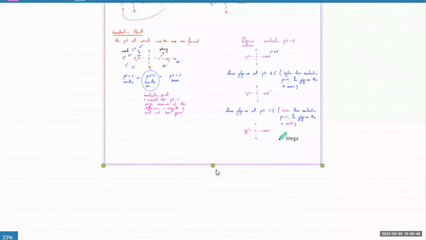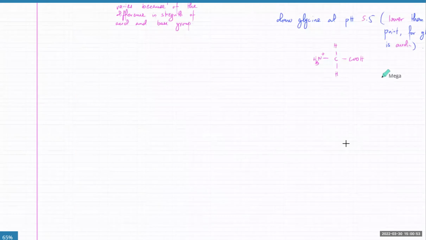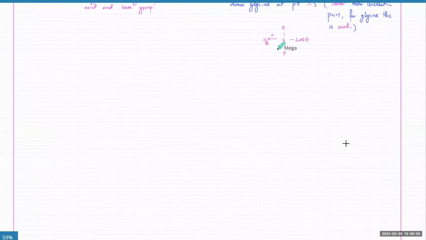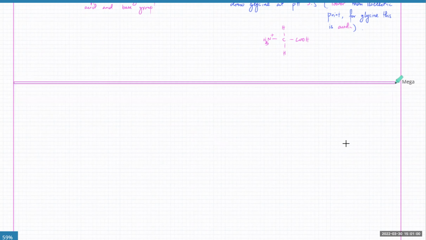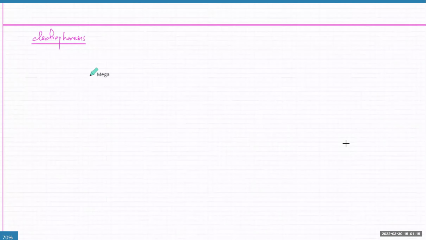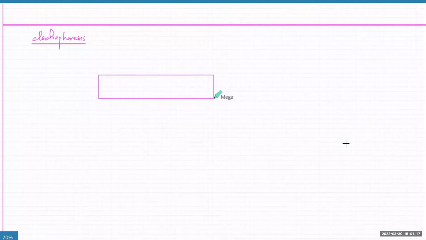Okay, now let's come to electrophoresis. So electrophoresis is this thing. You take amino acids in a buffer solution. There's usually a filter paper, and that filter paper is soaked in a buffer solution.